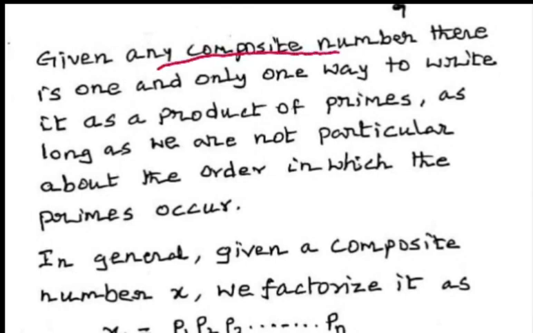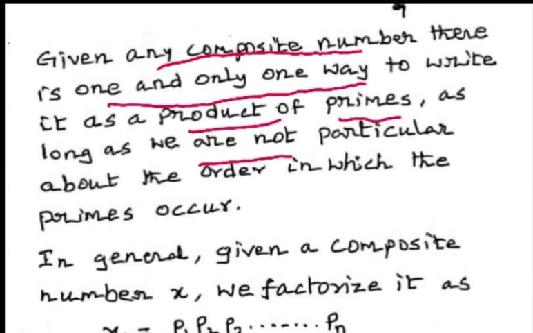If any composite number is given, then there is one and only one way to write it as a product of primes, if we are not particular about the order of the product.